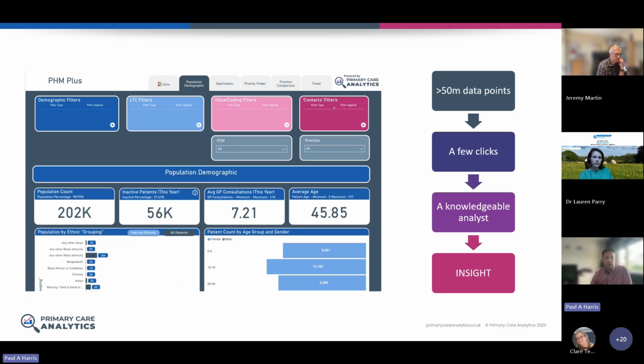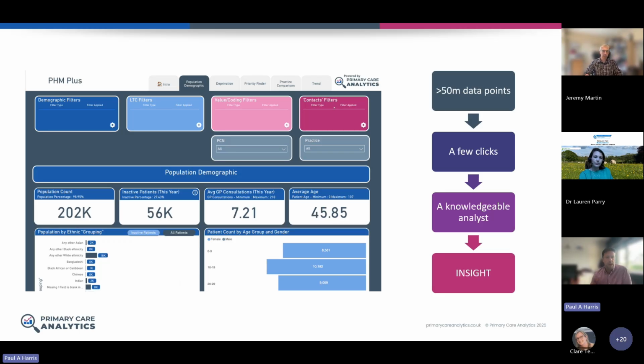I think it helps us to make sure that we're providing something more than just a medical model. All of the data within the tool is filterable with just a couple of clicks to identify your criteria. The dashboard then instantly reloads to show you how many people meet the criteria, where they live, their demography, deprivation, number of contacts with a GP, how many times they've been to hospital.